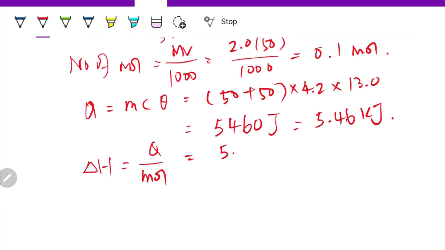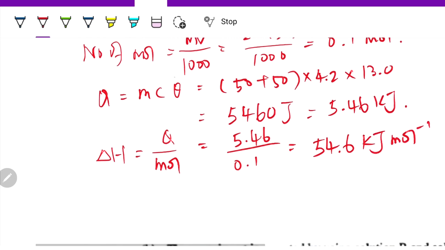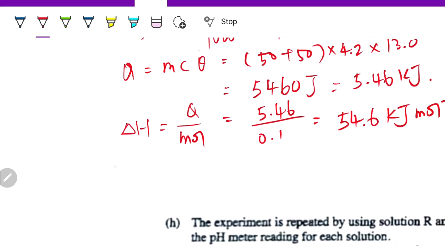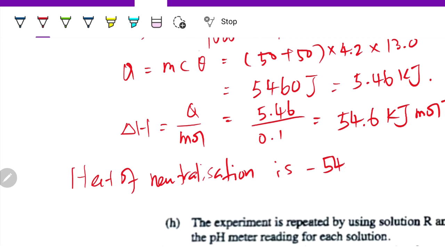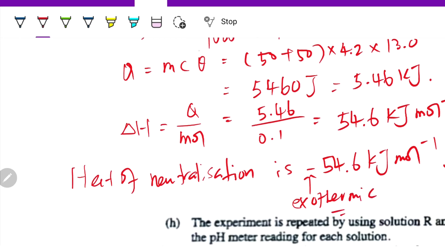Q is 5.46 over mole 0.1, so it is 54.6 kilojoule per mole. Finally we write the heat of neutralization is minus 54.6 kilojoule per mole. This negative shows it is an exothermic reaction. Heat is released.